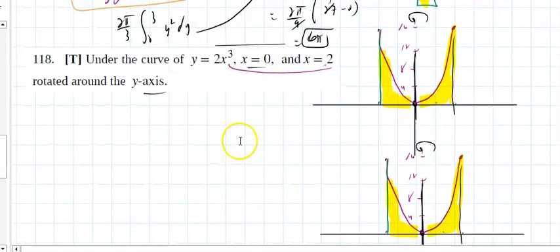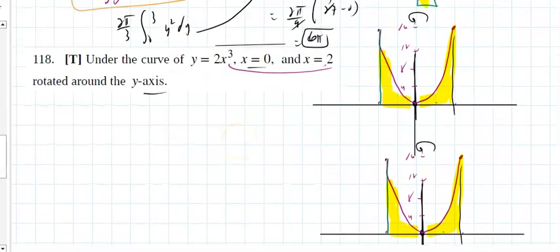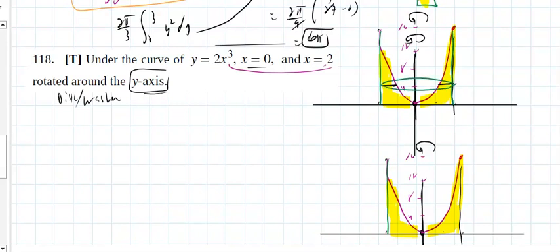Now, if I pick my rectangle washer method, so disk slash washer, I pick my rectangle perpendicular to the y-axis. Do we see that the outer rim is the green function? And the green, that distance is simply 2 units.